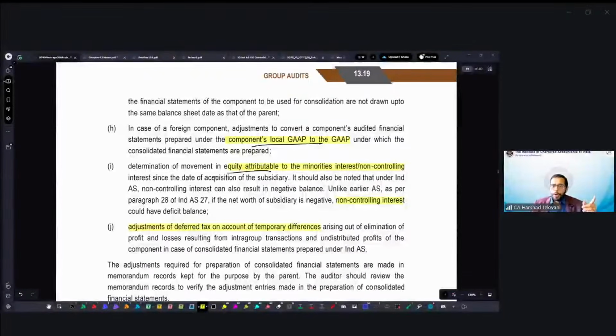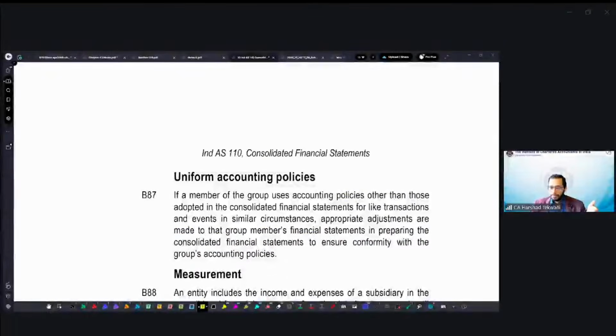Now, one important point that I will highlight from Ind AS 110 is that there are multiple things that Ind AS 110 provides. One such thing is uniform accounting policies.